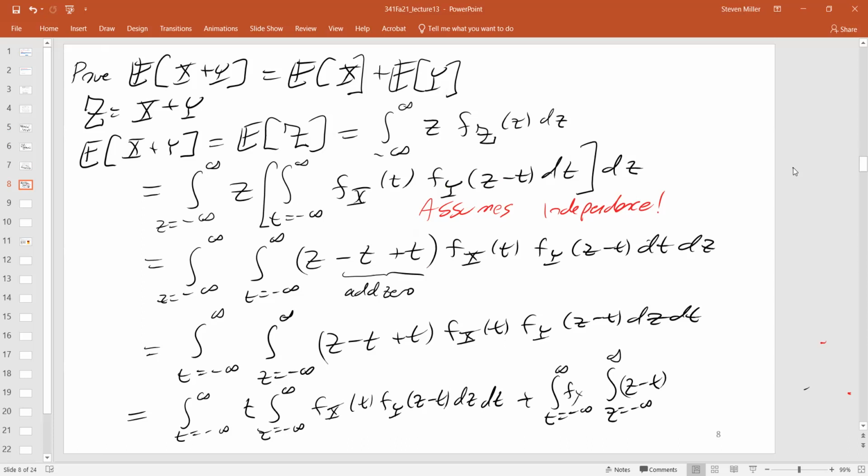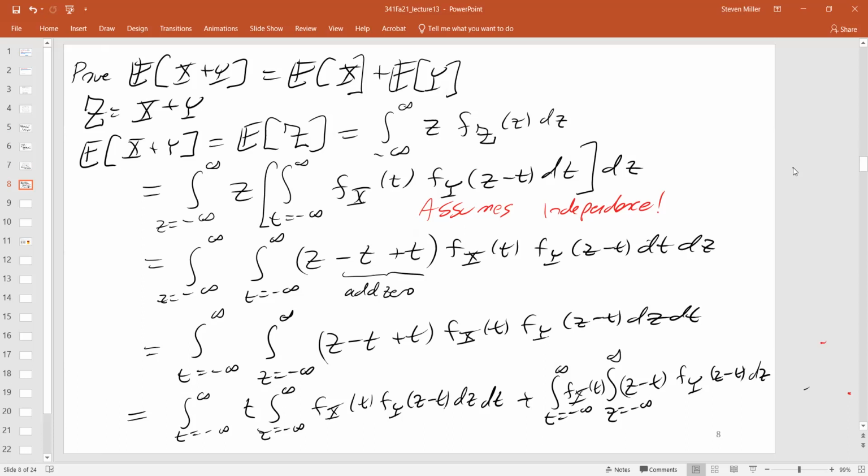I can put the fx of t over here, fy of z minus t dz. And so I'm just using the integral of a sum as the sum of the integrals.